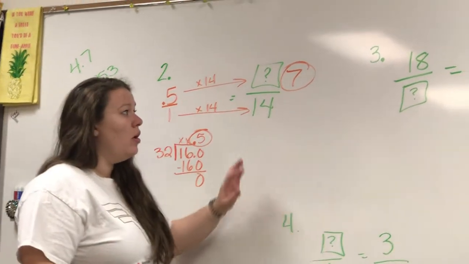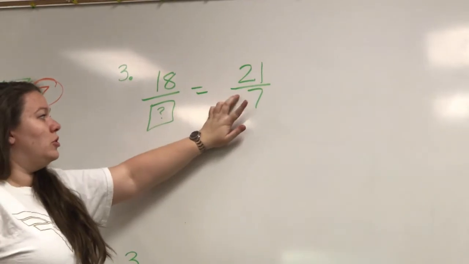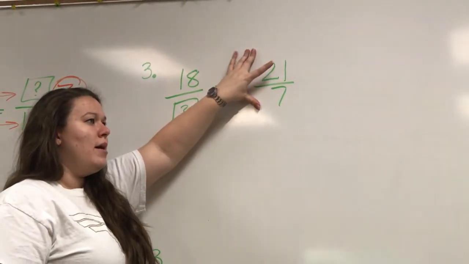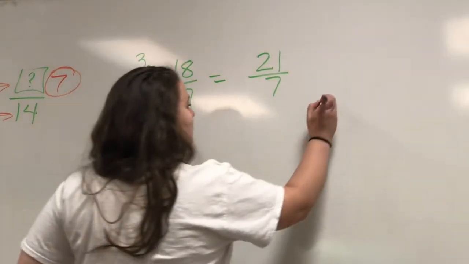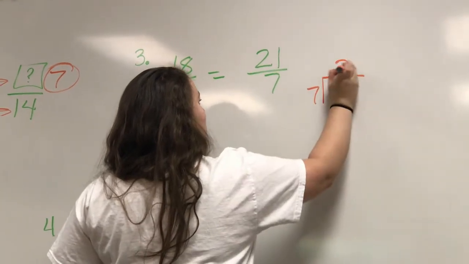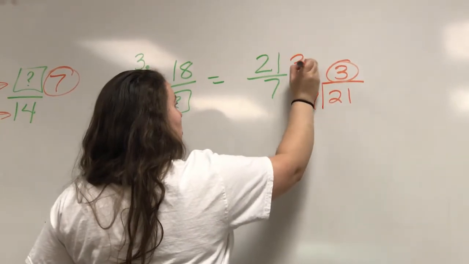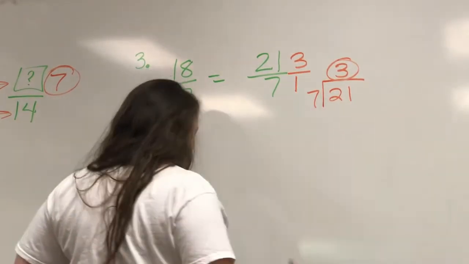Okay? Moving on to number 3. Remember to take your ratio that has 2 numbers, shove the top number over. 21 divided by 7 is 3. Remember, the top number is going to be your new top number, and a unit rate is out of 1.